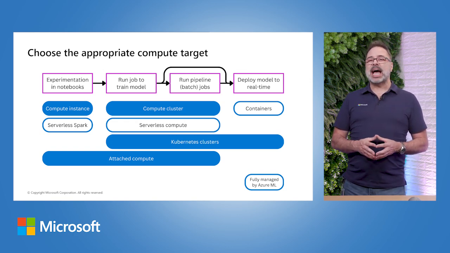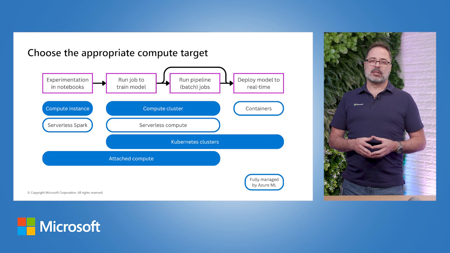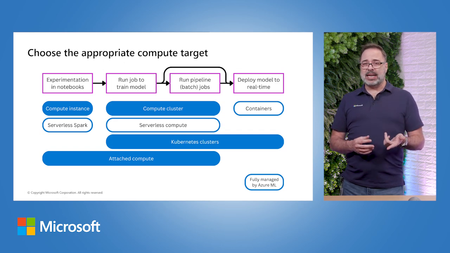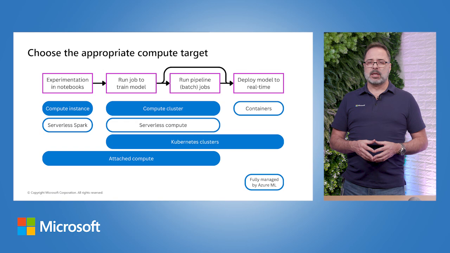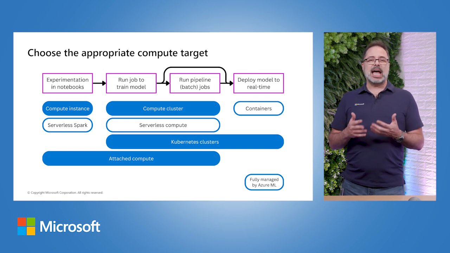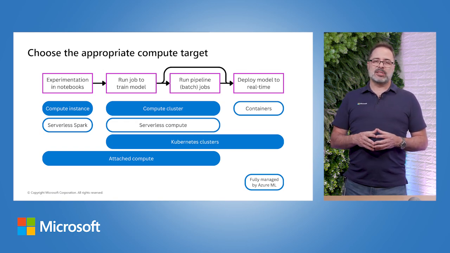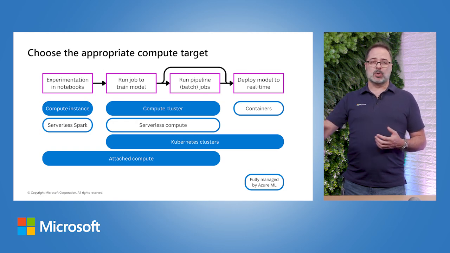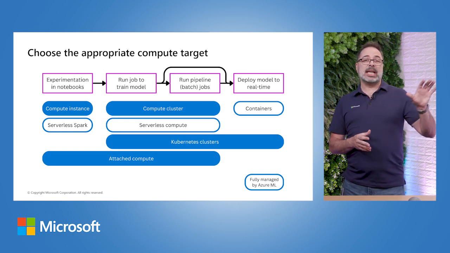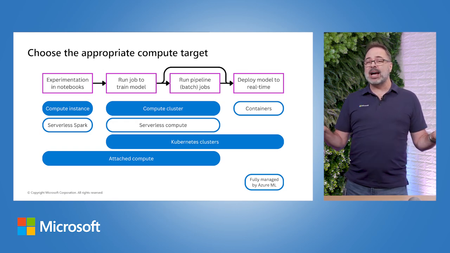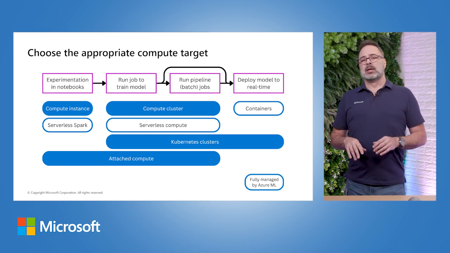Next, we have attached compute near the bottom of the slide. You notice that it covers doing experimentation, training, and doing pipeline jobs. The reason for this is because attached compute allows us to connect to existing compute in Azure, such as an existing virtual machine or an Azure Databricks cluster that is outside of our machine learning workspace.